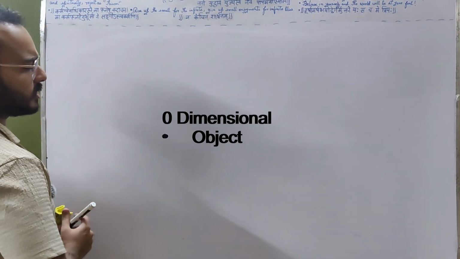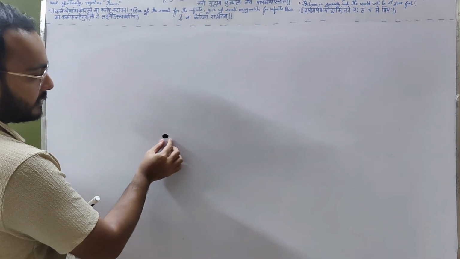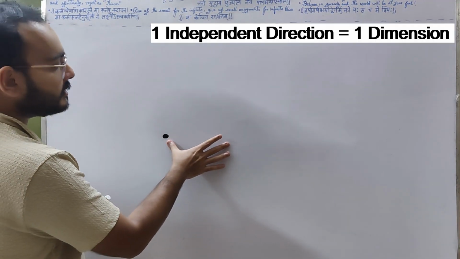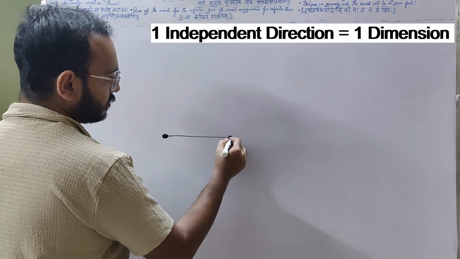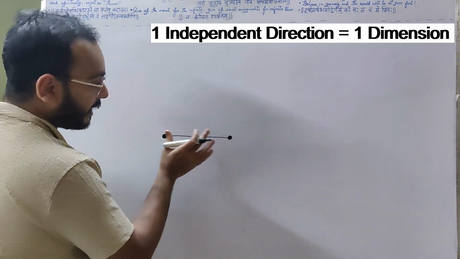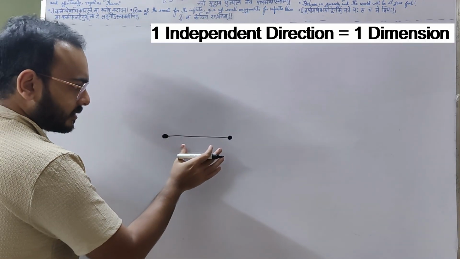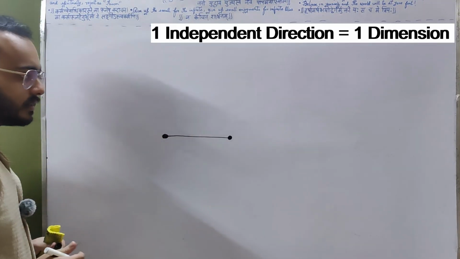I will call this object a point. Now, if I move this point along one of the independent directions, then I will transition into a 1D object that is known as a line. And this is 1D because it at least has a length, right?